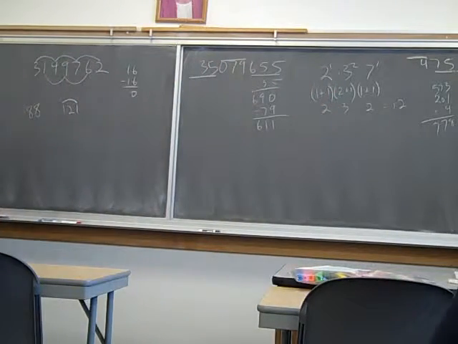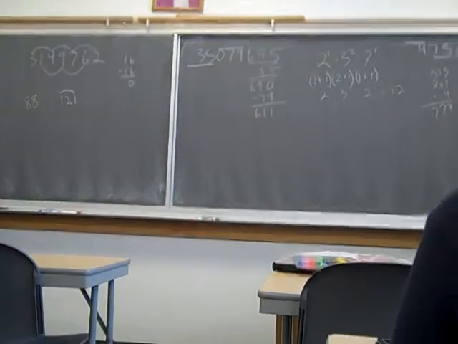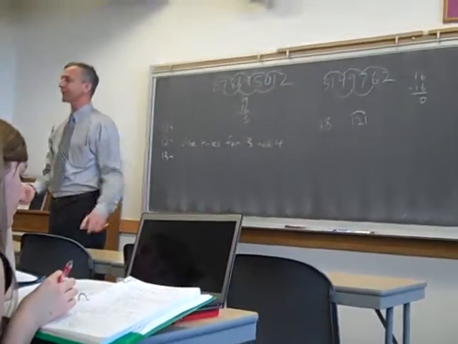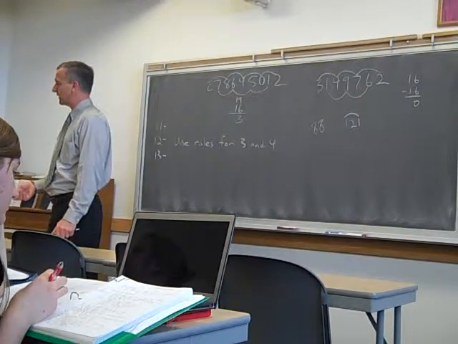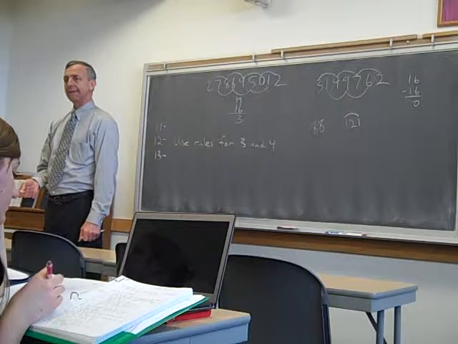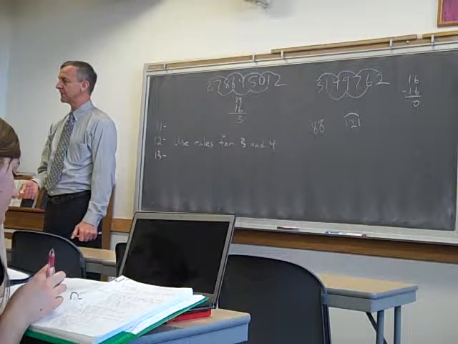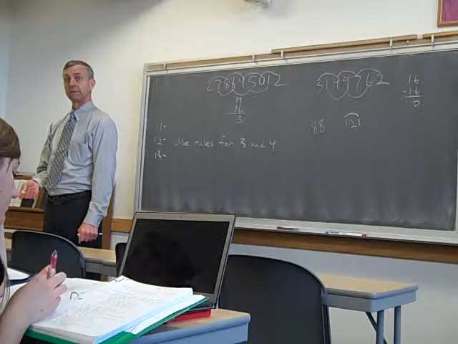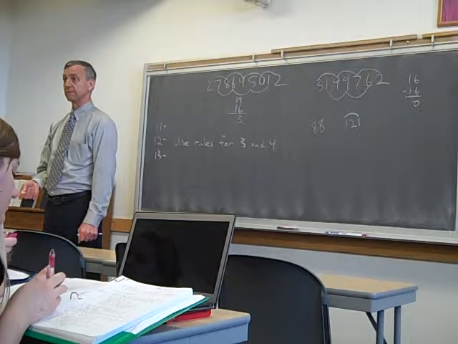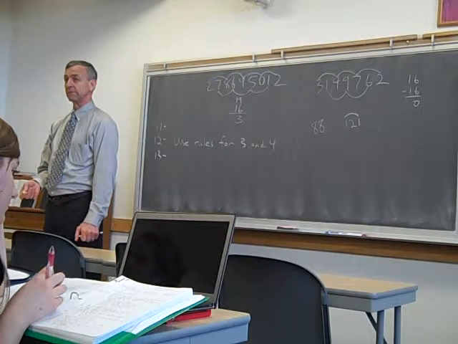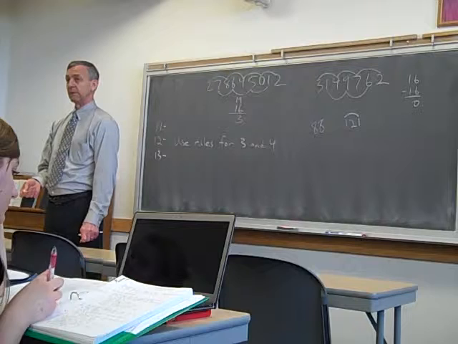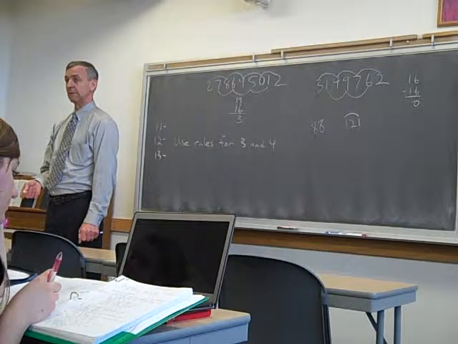Okay. What about a number like 36 or 24 or 18? Can you take the multiples or the factors of them? So for 24, you could take the rules for 8 and 3.